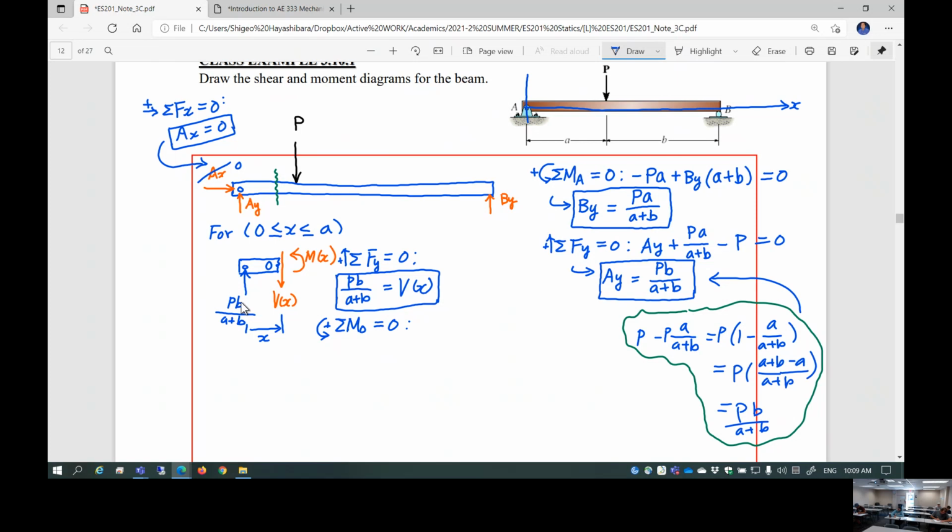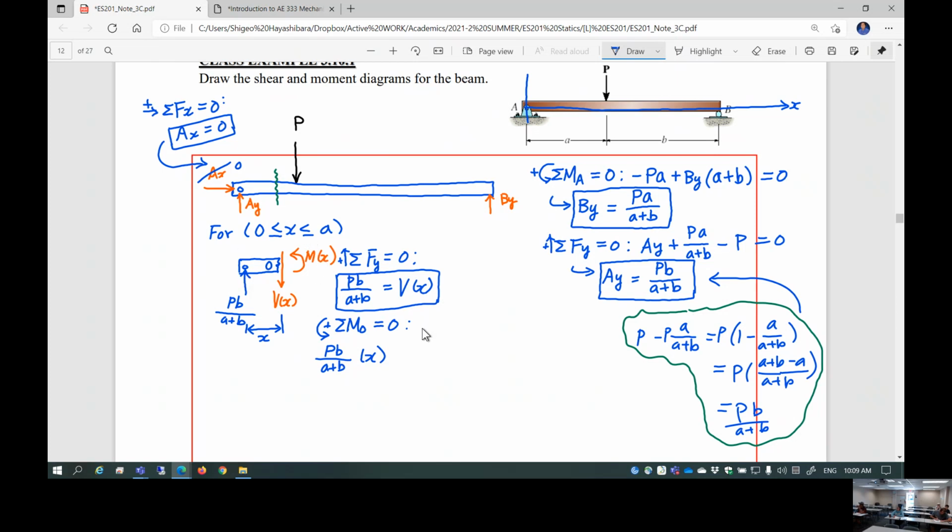So this support reaction multiplied by this distance x is going to create negative moment. So that is PB over A plus B times x is going to create negative moment, which is equal to M(x).